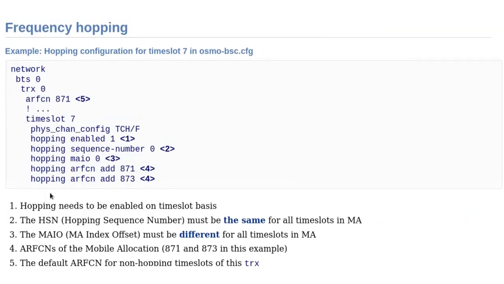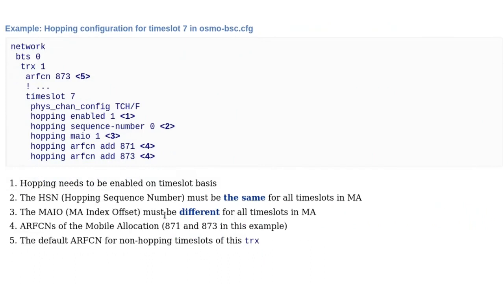Let me try to show you the difference. This one is time slot 7 on transceiver 0, and this is time slot 7 on transceiver 1. The only difference here is the mobile allocation index offset, which must be different for all time slots in the mobile allocation, while the hopping sequence number must be the same.